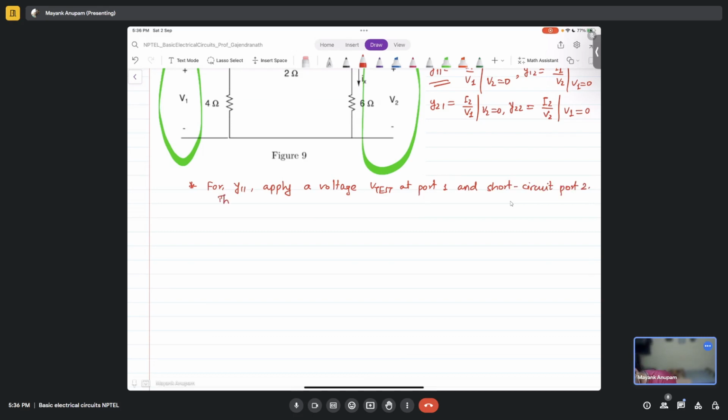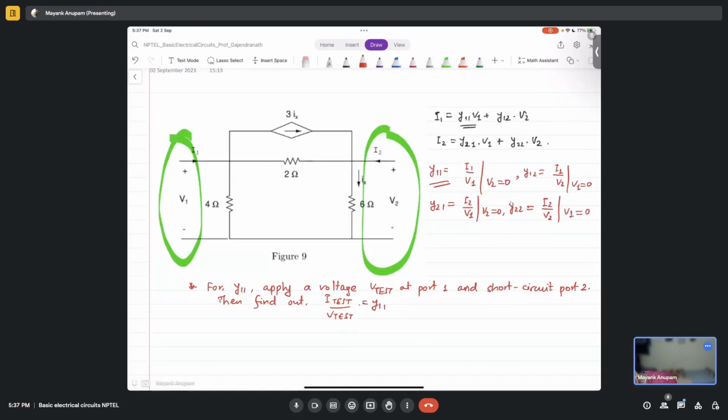Then find out I test upon V test. Correct? That is equal to Y11.